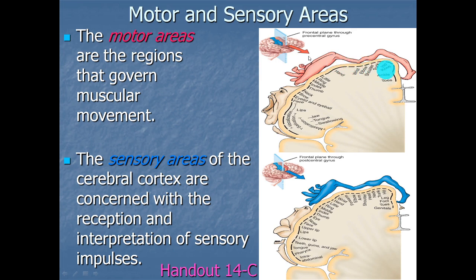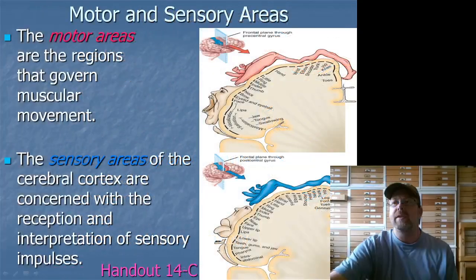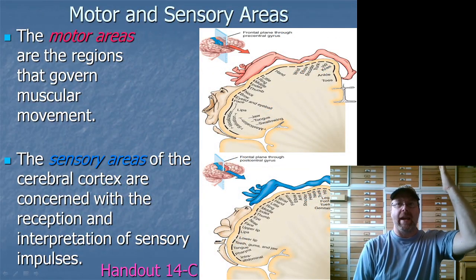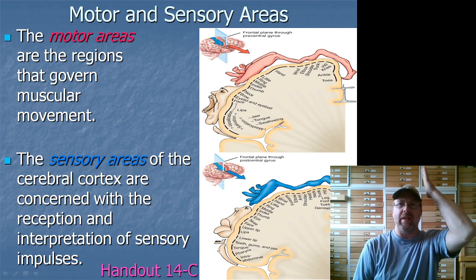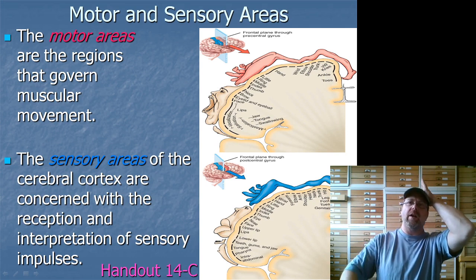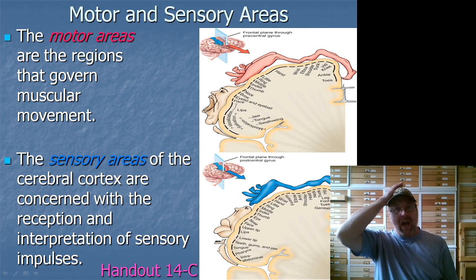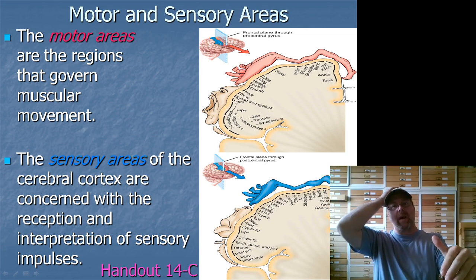They each have a specific area for specific function. Now, also, what's really cool about this is that the left side of your brain, so my left precentral gyrus and my left postcentral gyrus, are going to control my right side of my body. The right side of my brain controls the left side of my body.